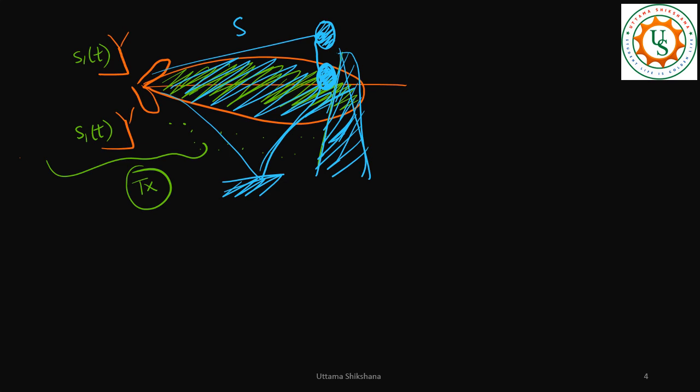Now with all these things, the beam would form something like this. So that's why the channel changes the characteristics or the direction of the beam when the signal passes through the channel. Okay, I hope you got this clarity.